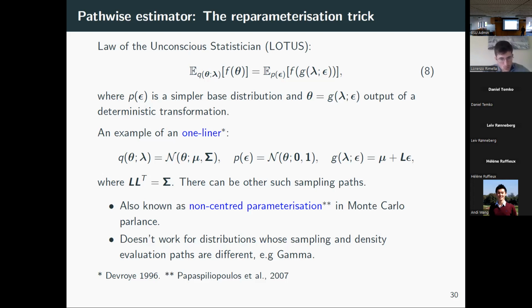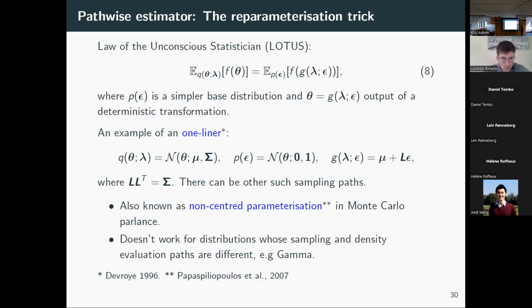There are different ways to reparameterize densities, but the function G that you use to reparameterize, you generate the sample and you evaluate the density using the same path. That's why it's the pathwise estimator.